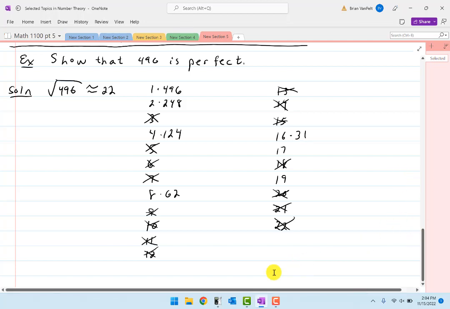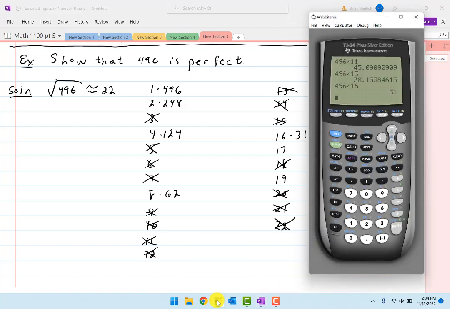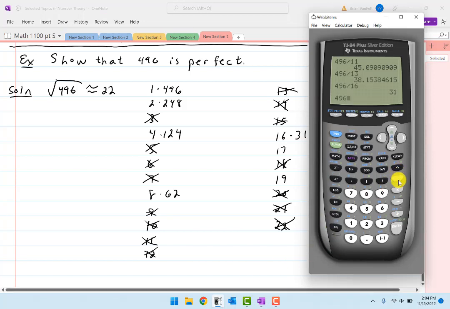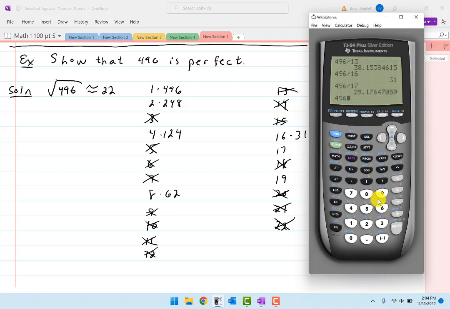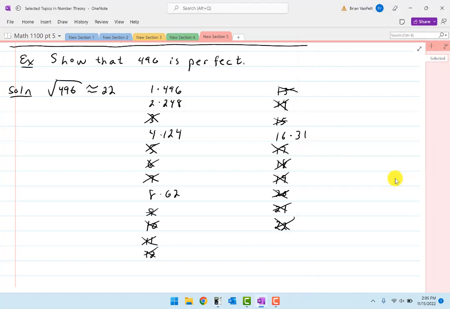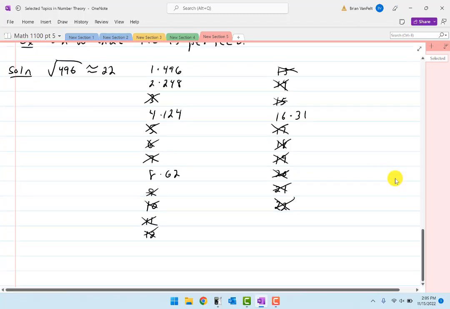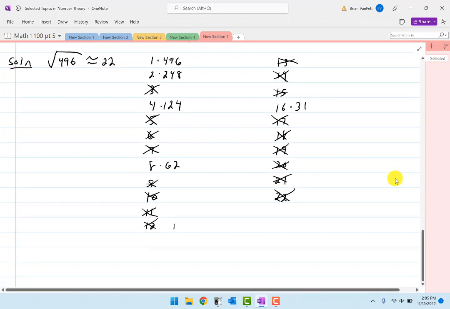And then all I need to check is 17 and 19 yet. 17 does not work. Let me go ahead and try 19. Neither does 19. So I can get rid of the 17 and the 19. So let's take a look then at my proper divisors.